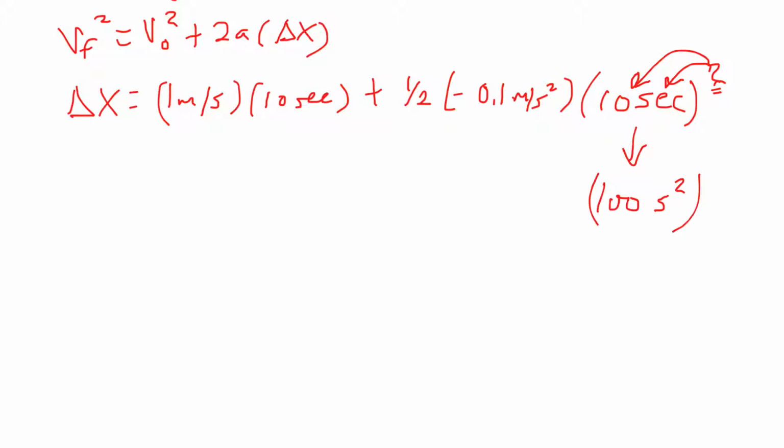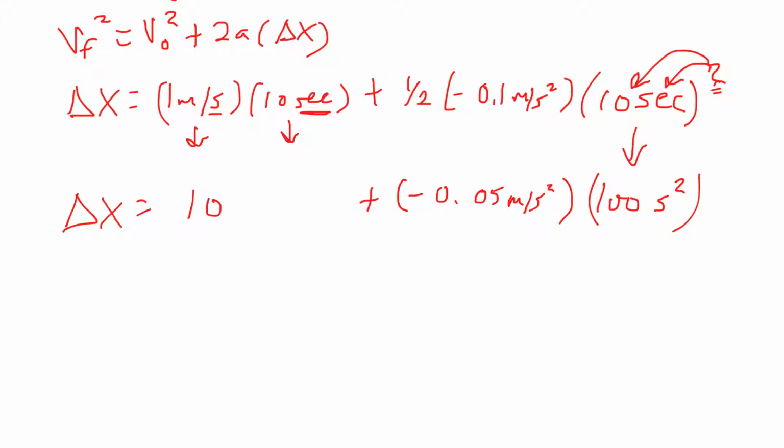Now we need to take 1/2 of our negative 0.1. So we get negative 0.05 meters per second squared. Those will be multiplied. 1 times 10 is 10, and then here we've got a seconds in the numerator and a seconds in the denominator, so those are going to cancel each other out.